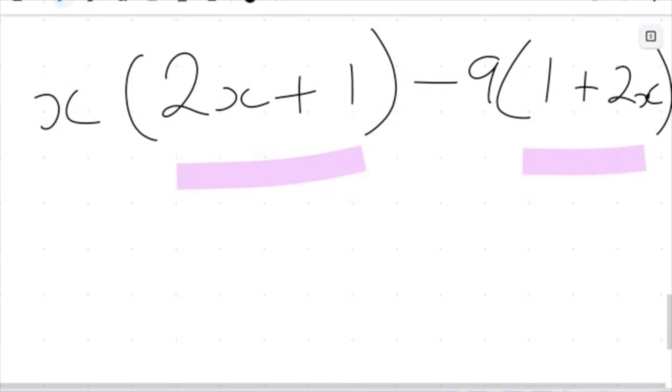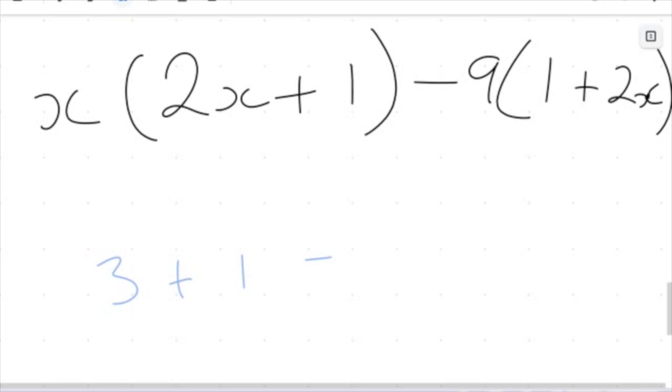In the same way that, for example, 3 plus 1 is the same as 1 plus 3. The order of addition doesn't really matter. So whether I write this as 2x plus 1 or 1 plus 2x, it's going to mean the same thing.